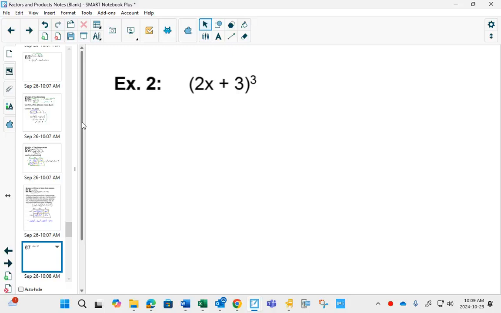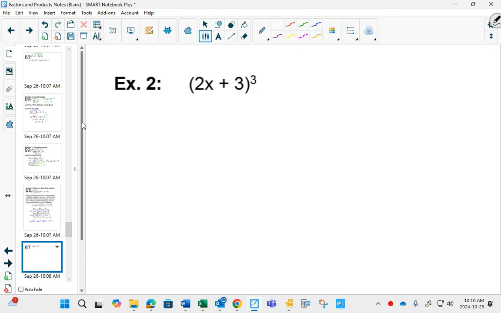FOIL, which we did earlier, could be on your quiz. So it goes up to page number 26 in our notes, right after factoring with decomposition. So it's up to page 26 then? Yeah.